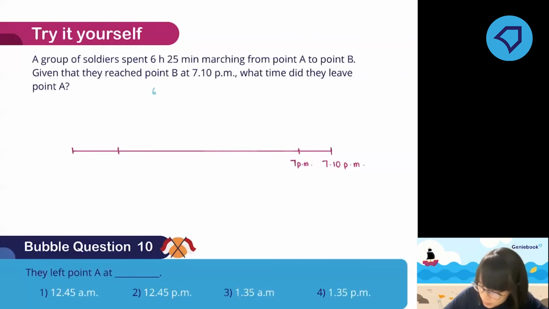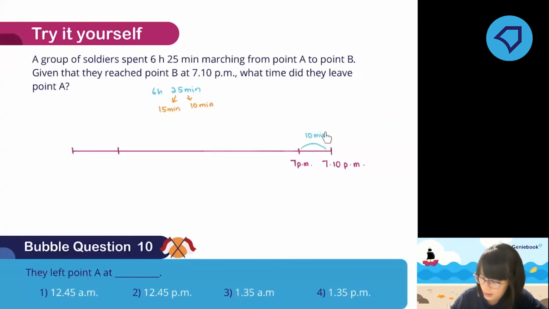So 6 hours and 25 minutes, that's the total duration. But we know from 7 to 7:10 is 10 minutes over here. So we're going to split this into 10 minutes and 15 minutes. 10 minutes we have already used up.